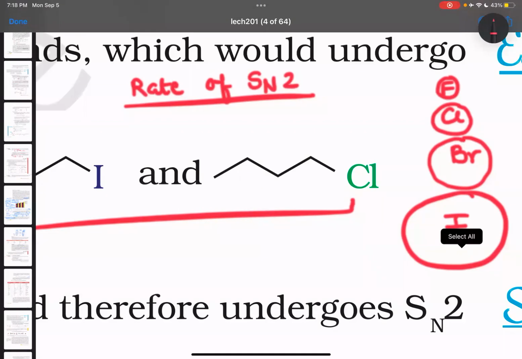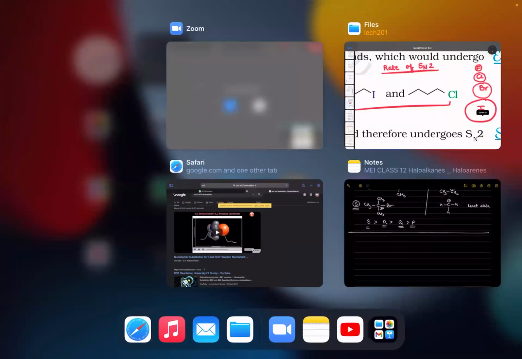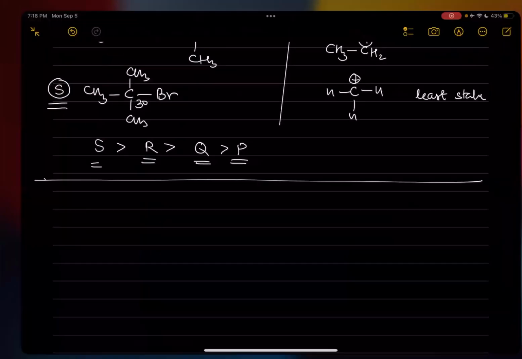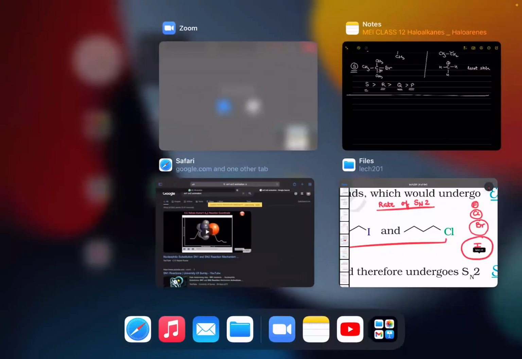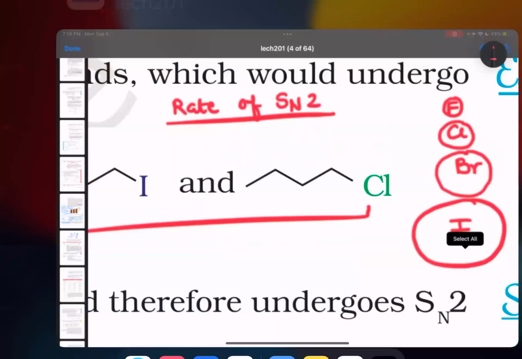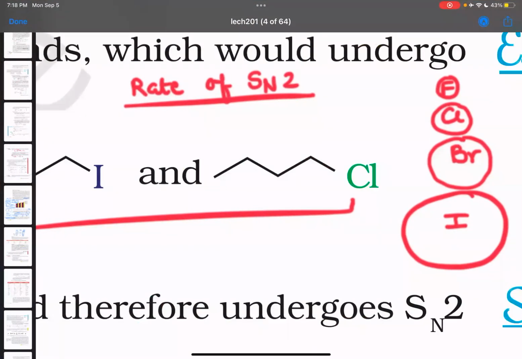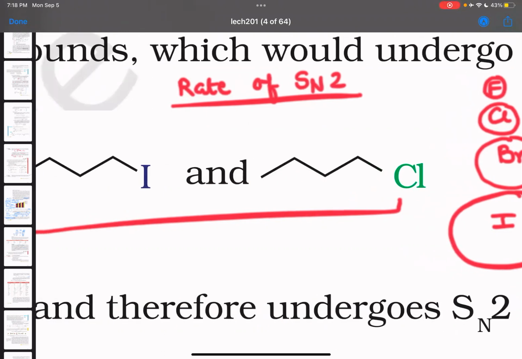If you have larger and larger atoms in the periodic table, they are one below another. If you look at their size, a larger atom definitely has its bond electrons spread over a very large area. It is going to be weaker. Is it clear?